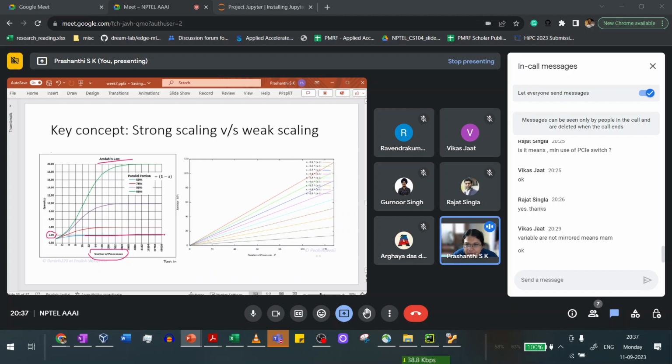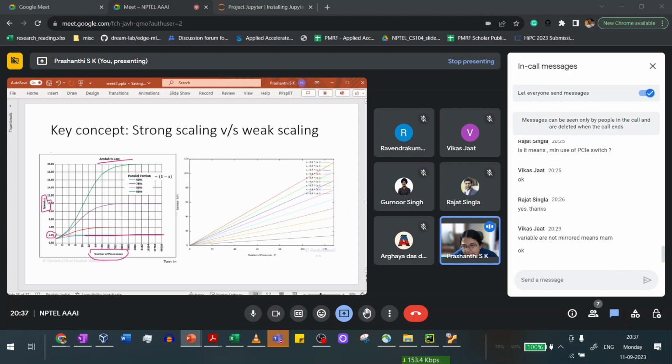This line never goes above 2. Speedup is a way to compare the runtime after you increase the number of processors to the serial runtime, to just running it on a single machine basically.